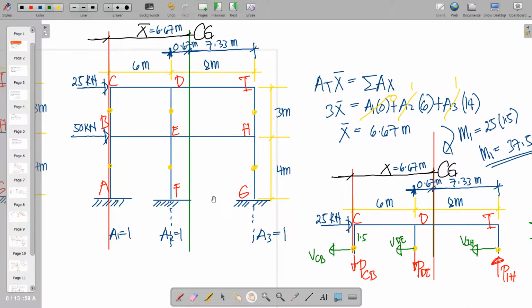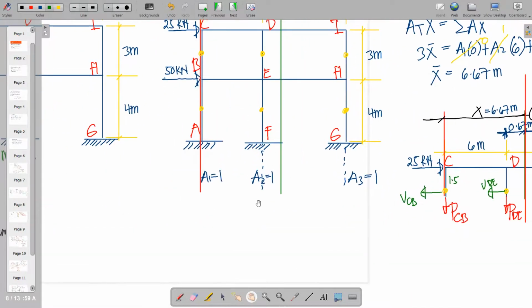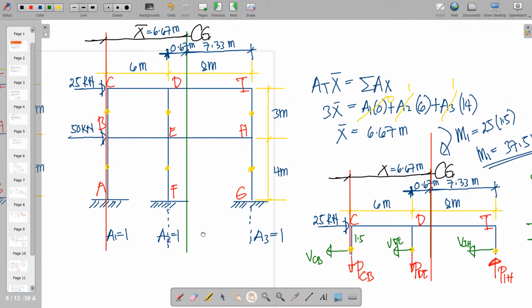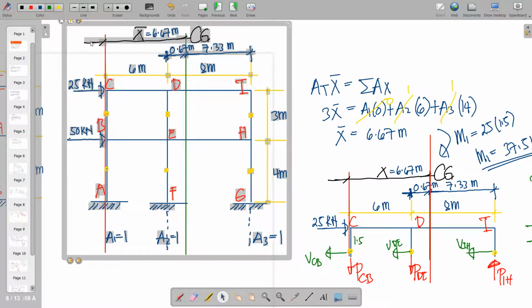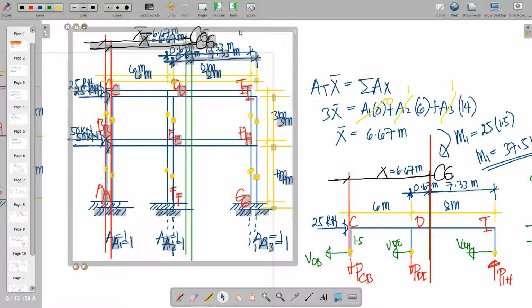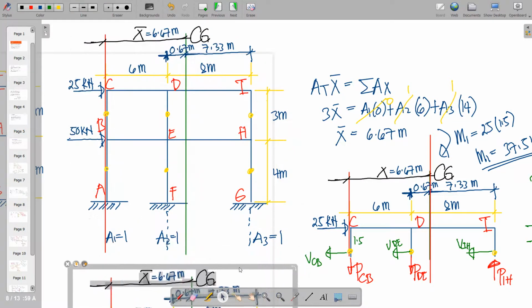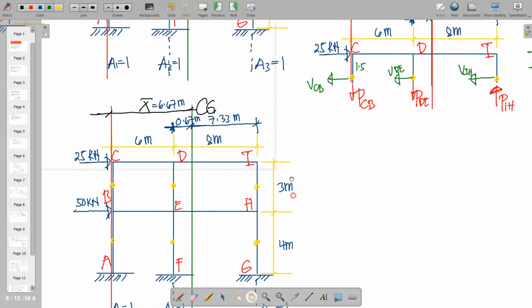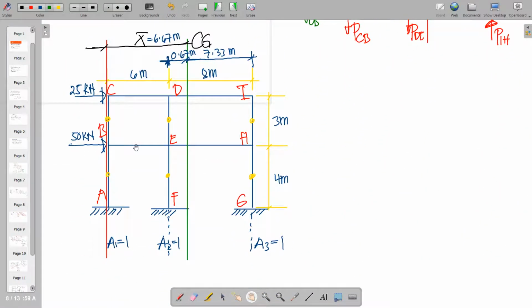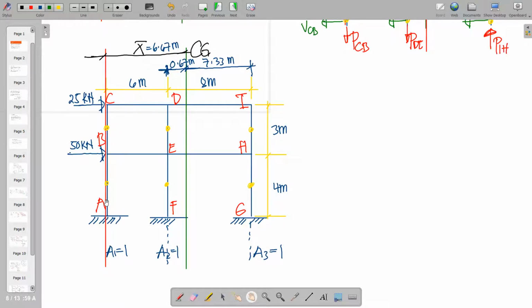Okay, so before we proceed to the next unknown, I think we should complete all of the actual loads here. So we have already considered the upper portion, so this time we consider the lower portion. So we're gonna delete this.